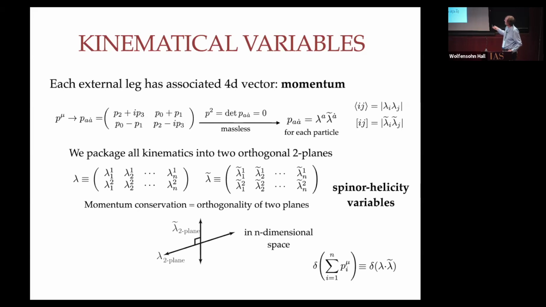Note that this is an n-dimensional space where they live, the space of all particles. So in this n-dimensional space, these lambda and lambda tilde 2-planes are orthogonal. So in the formulas, we will denote it as a delta function whose argument needs to be 0 in order to have non-zero expressions for amplitudes.